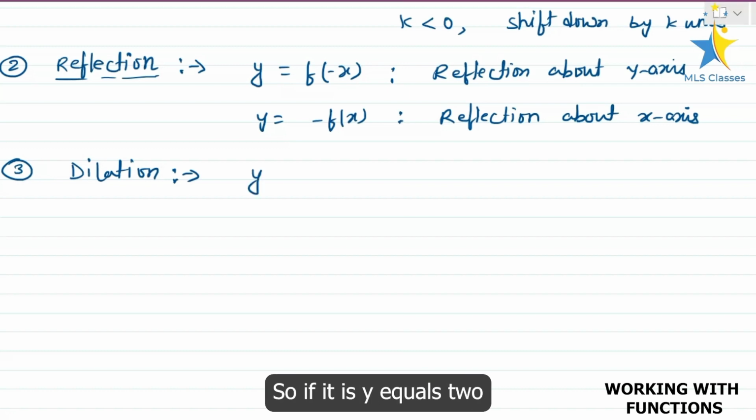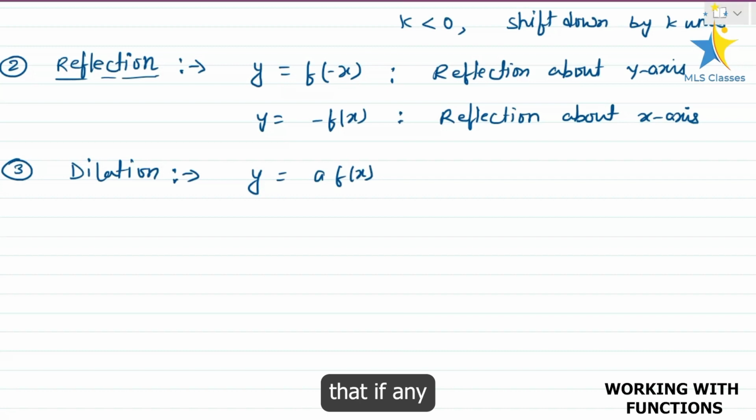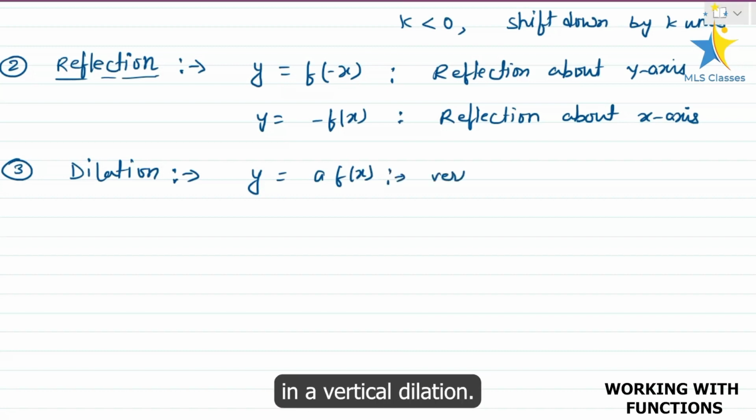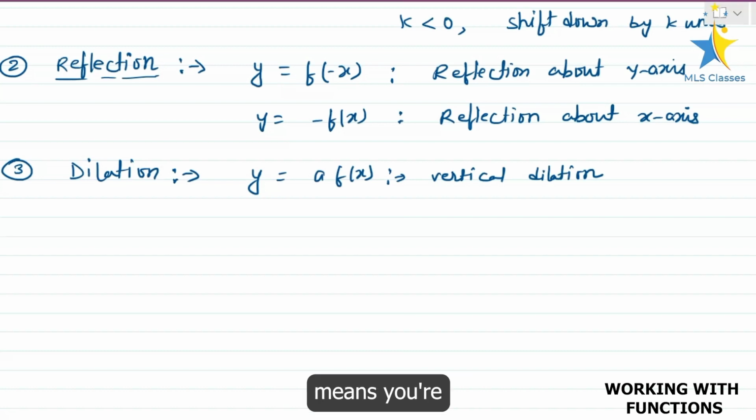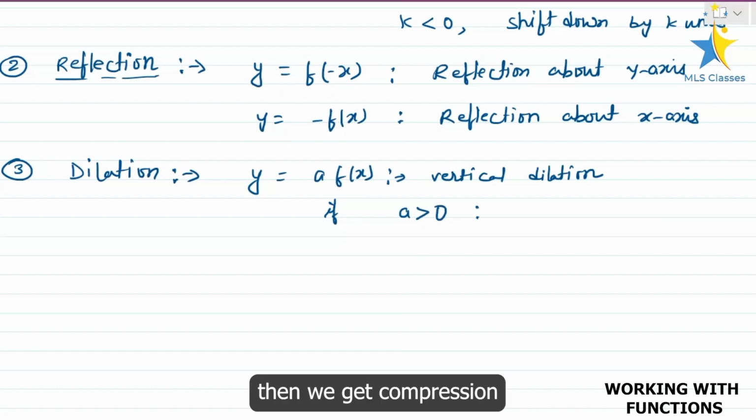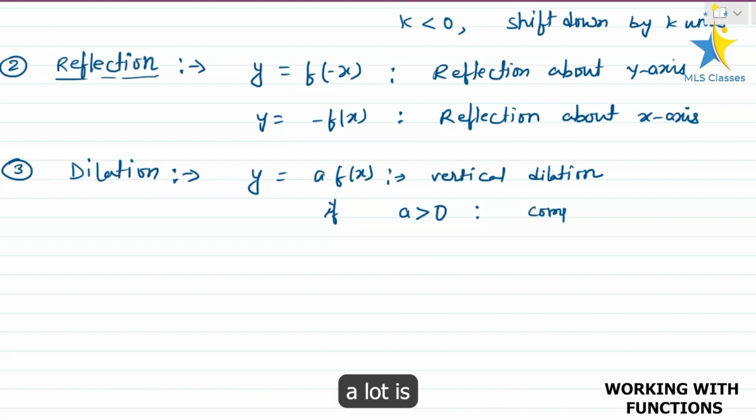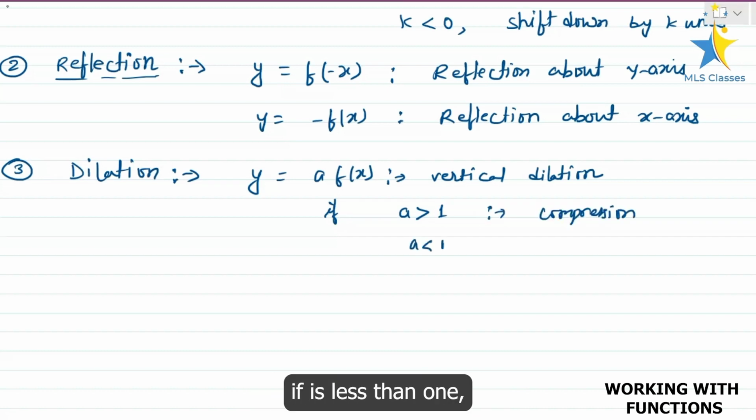If it is y equal to a times f(x), that is, if any constant is multiplied in the function, then it is vertical dilation. Here if a is greater than 1, then we get a stretch. If a is less than 1 but greater than 0, it compresses.